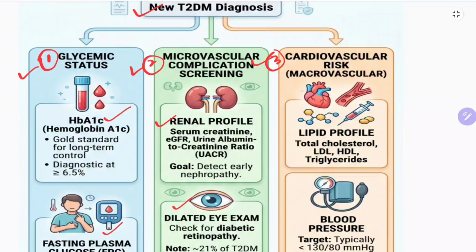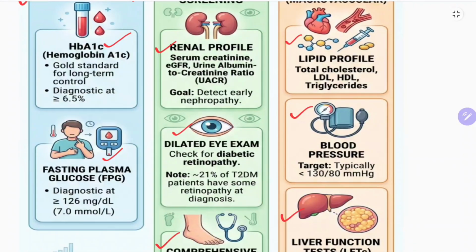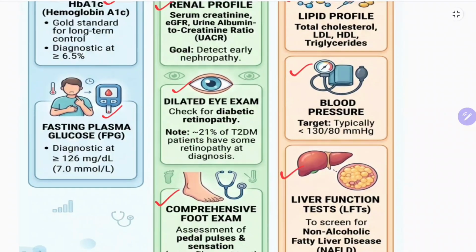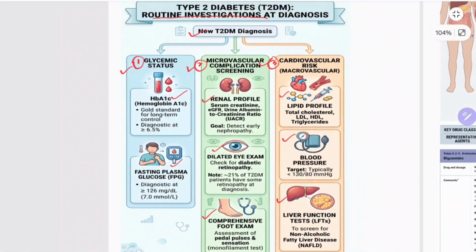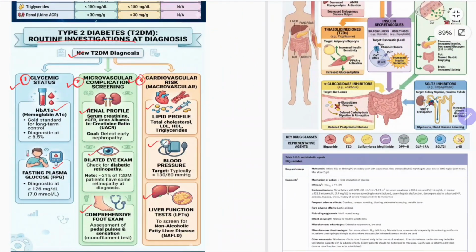For macrovascular complications, we will have lipid profile, blood pressure, and baseline LFTs, preferably with ultrasonography, because you can make out fatty liver very easily. That's about the investigations at the time of diagnosis.